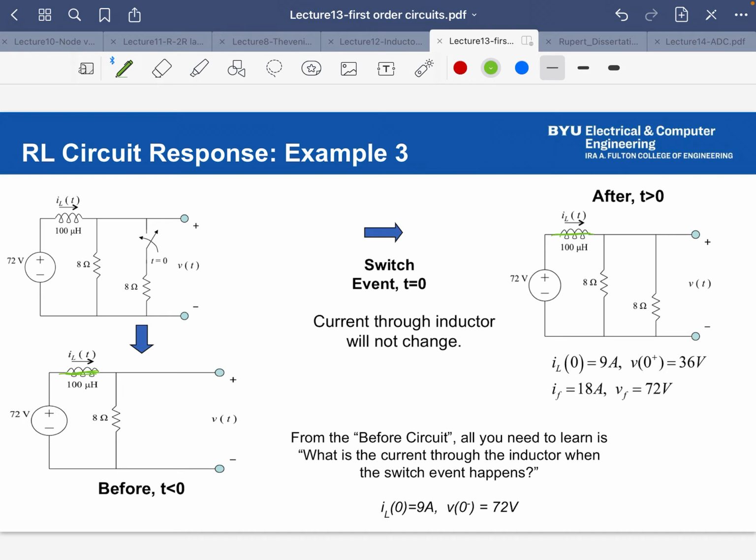So as time goes to infinity, we can think of that inductor as just being a wire. Now you have 72 volts sending current through an equivalent resistance of 4 ohms. So the final current is going to be 9 divided by 4.